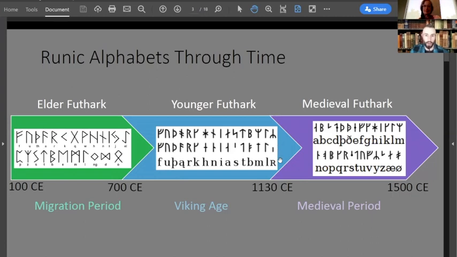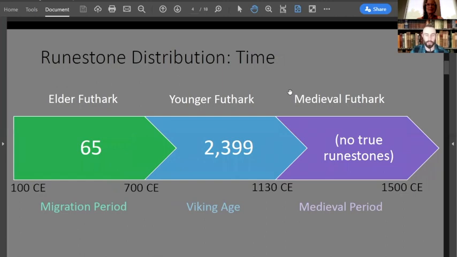After about 1130, we see more changes happening, and we end up with the medieval Futhark, which is used until about 1500. After that, it gets replaced by the Latin alphabet. So how do runestones fit into this?